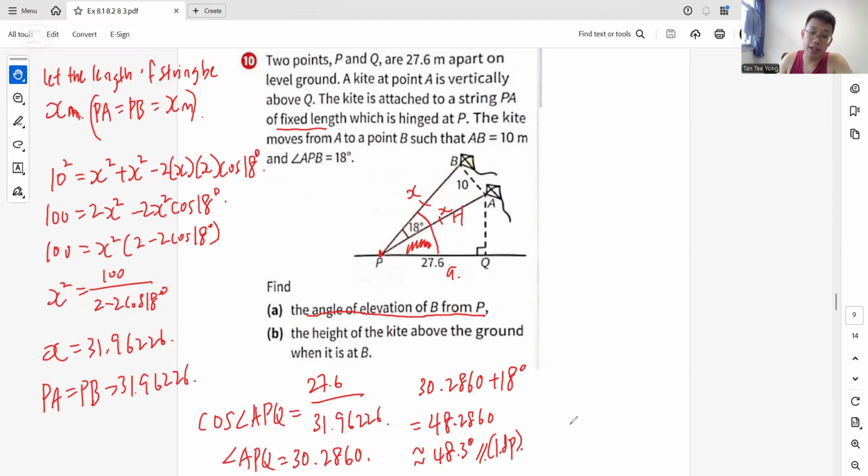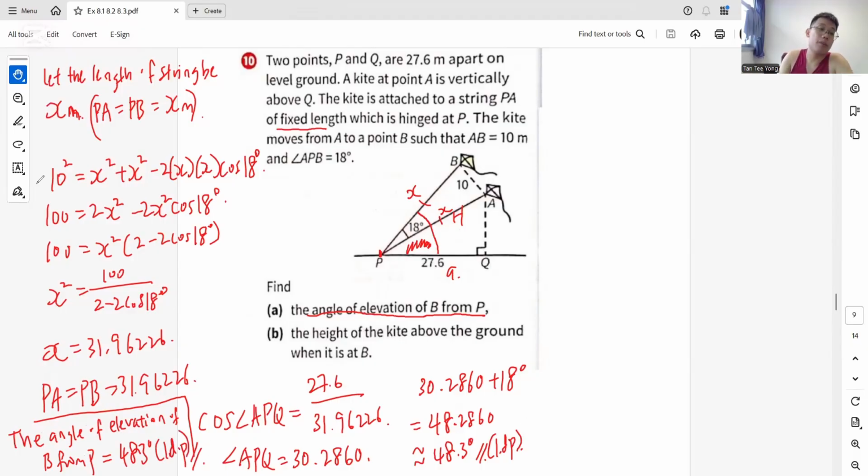Okay, so we can write a statement. The angle of elevation of B from P is equal to 48.3 degrees to 1 decimal place. Okay, so that is it for part A.